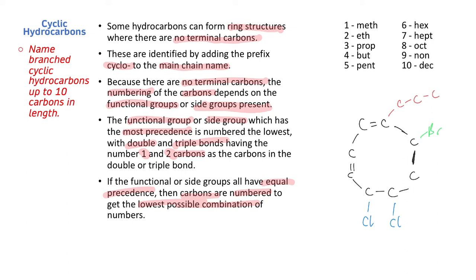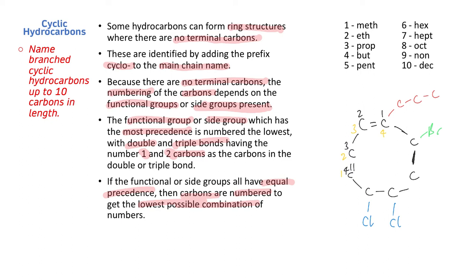The two options are to number it 1, 2, 3, 4, or to number it the other way 1, 2, 3, 4. Both of them get 1 and 3 on the double bonds. So both are viable when you're dealing with double bonds, but now we have to look at the other groups and work out which one gives the lowest possible combination of numbers.